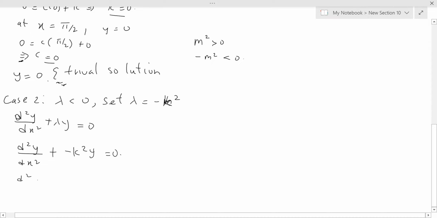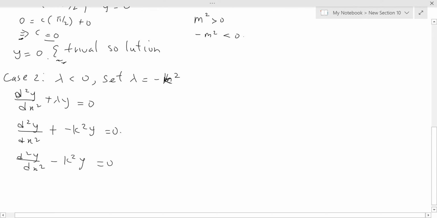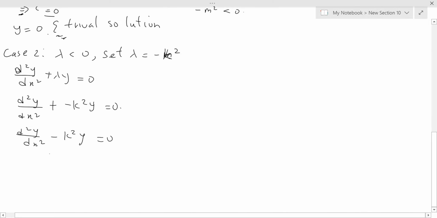So this is the same thing as d2y dx squared minus k squared y, which is equal to 0. Now, solving a second order differential equation, the characteristic equation becomes m squared minus k squared equals 0. If you take k squared to the other side, you get m squared equals k squared, then the square root of that will give you plus and minus k.